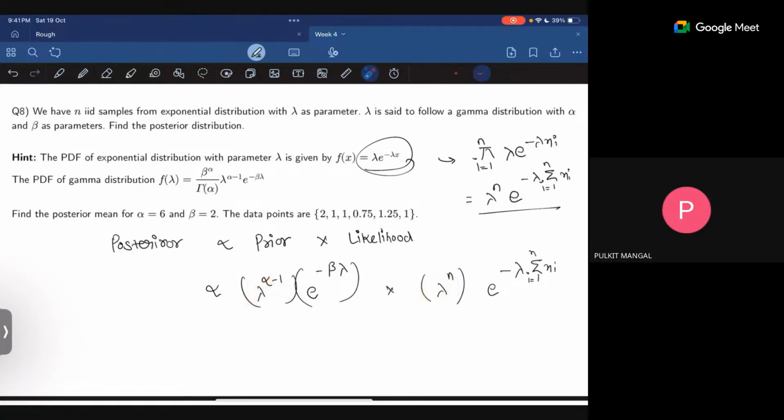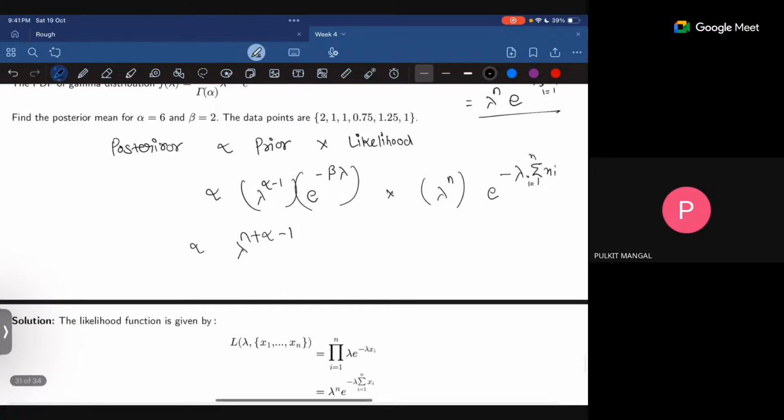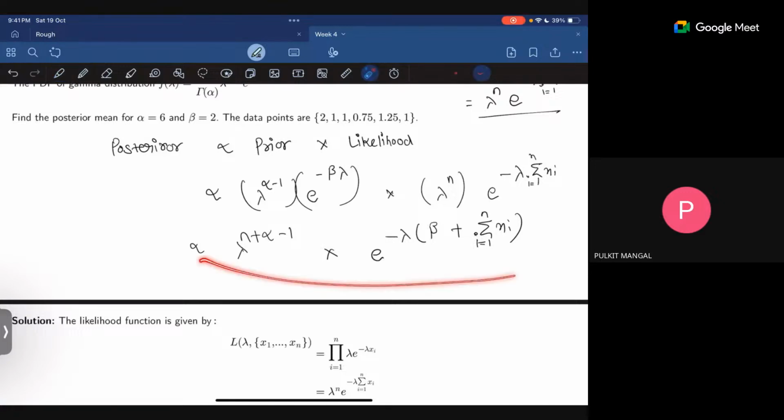These two have the same base, so it would become lambda power n plus alpha minus 1 into e power minus, we can take the lambda common, beta plus summation from i equal to 1 to n xi. Anybody has any doubt till now? No? So which distribution form is it taking?